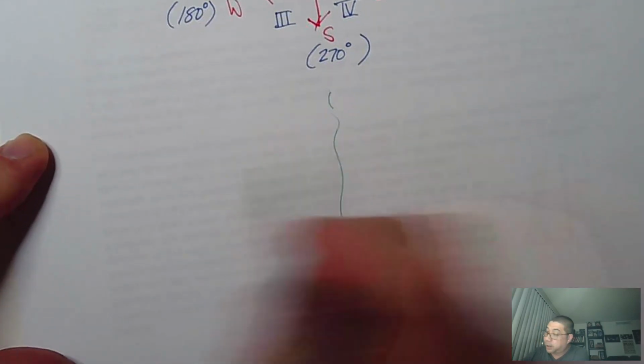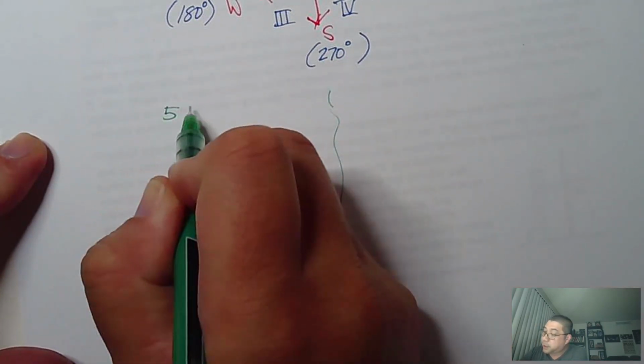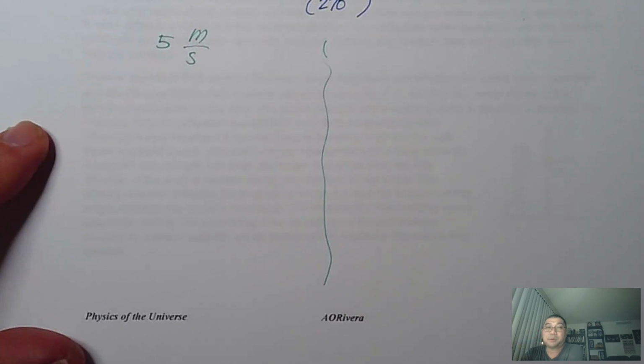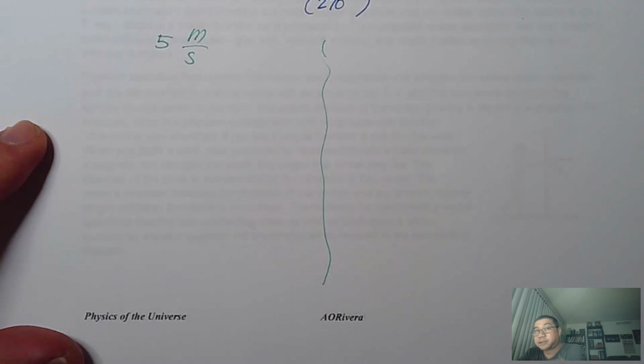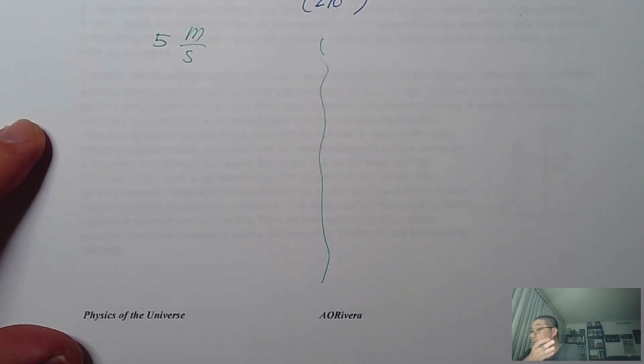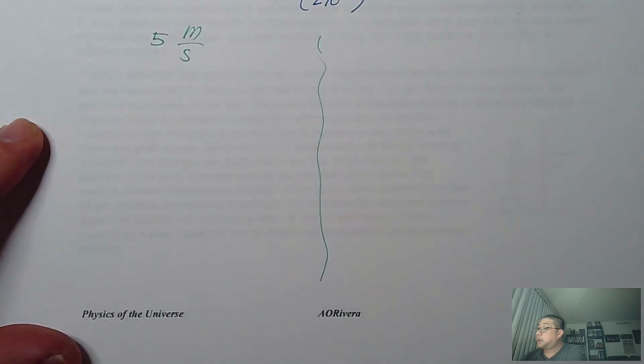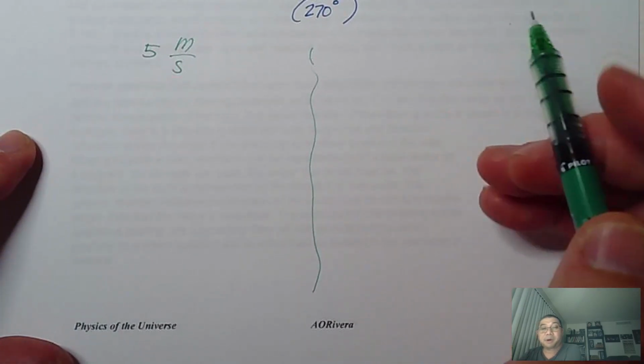So let's say I have 5 meters per second. We all agree that this has something to do with rate because it's divided by time. So anything that is divided by time is considered a rate. Now, this is a scalar quantity because it's not specified where it is going.